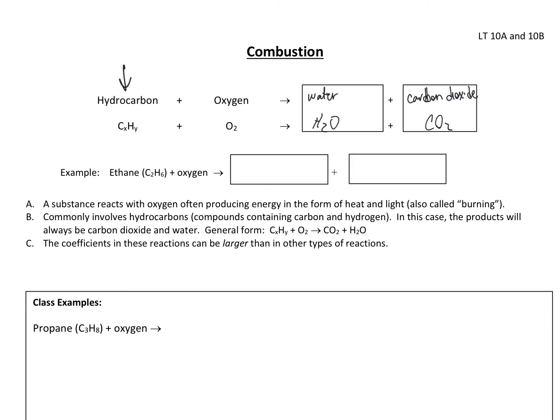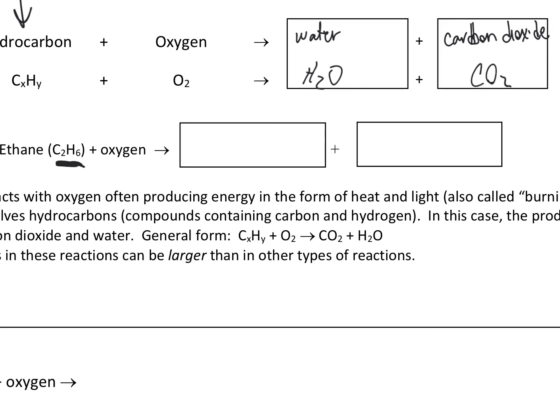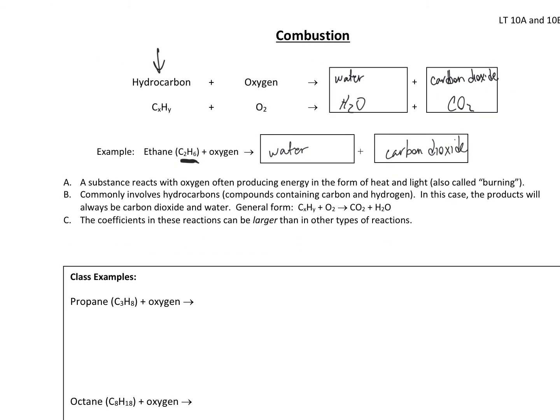So if I look at this example, I have ethane, and the formula for ethane is right there, plus oxygen. Well, that's a hydrocarbon plus oxygen. I know my products must be water and carbon dioxide. I don't have to think about it too much.